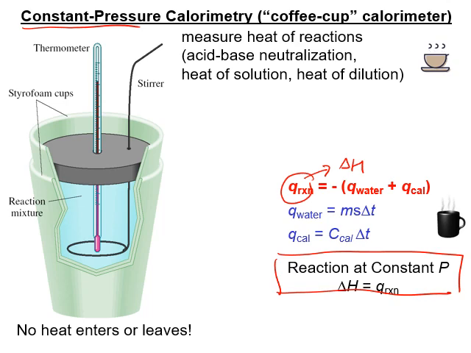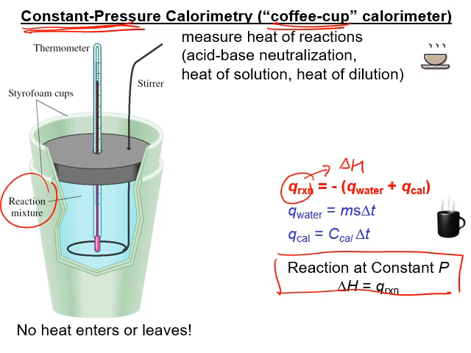Okay, let me break down for you what this coffee cup calorimeter is. Sometimes they call it the constant pressure calorimeter. Basically we just have two styrofoam cups stacked together, covered, and we put in a thermometer and a stirrer. So this is your sample. The sample tends to be in liquid form.